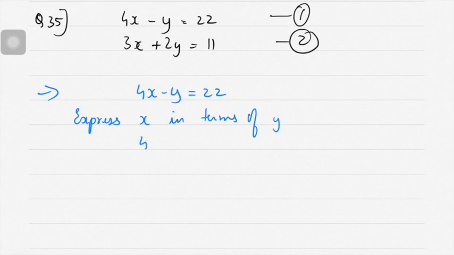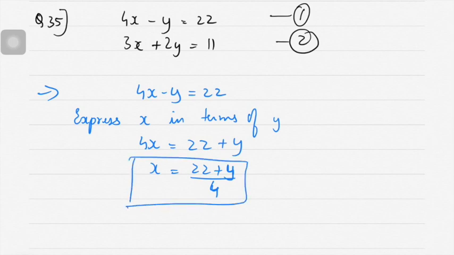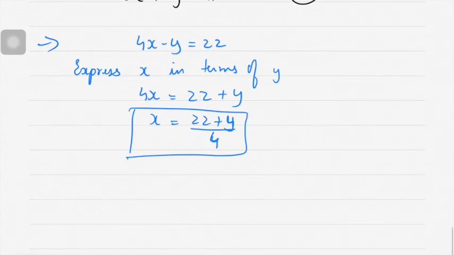That means you have to tell the value of x using y. So 4x you keep on one side. So 22 minus y will go that side. It will become plus y. X is equal to (22 plus y) upon 4. So this is the value of x in terms of y. 22 plus y divided by 4.